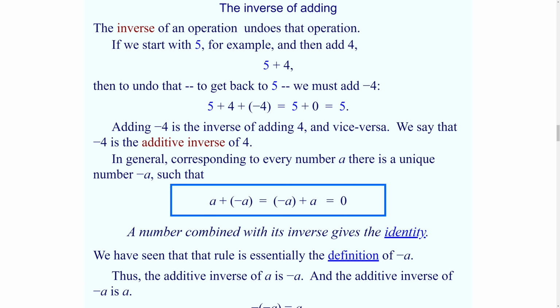So when we apply the inverse of an operation, what it does is it undoes an operation. So let's work with these numbers here. We've got 5 plus 4. To undo that operation, or to get back to your original 5, we must add -4. So if we see here, 5 plus 4 plus -4 is 5 plus 0, because these cancel each other out.